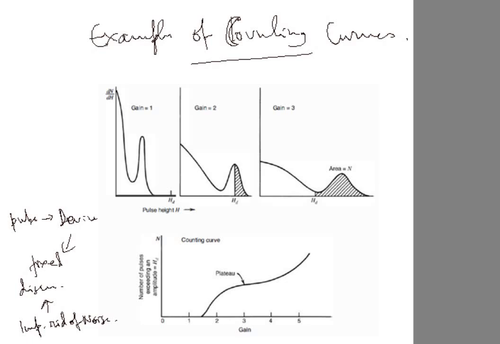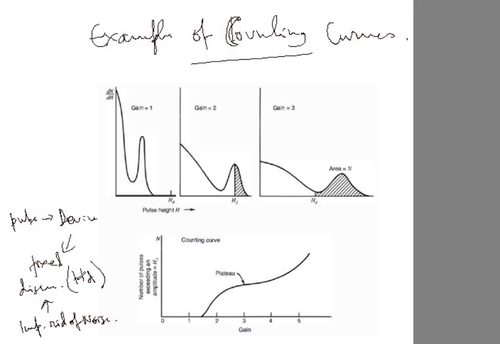Now let me show you some examples. Signal pulses in this case must exceed the discrimination level. Let us call the discrimination level HD. It must be exceeded, otherwise we will not record.